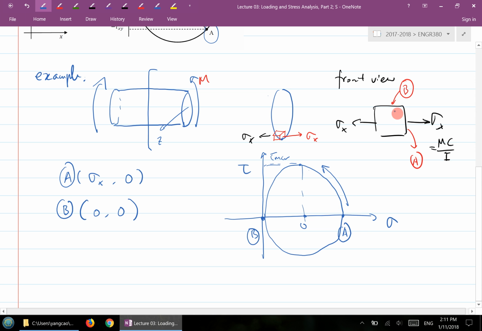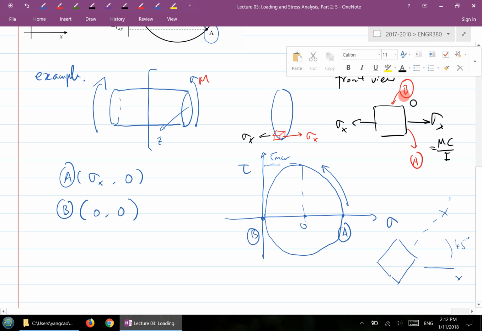This is counterclockwise, so you will rotate this way by 45 degrees. This is your original x, and now you're at a slightly different coordinate, x prime, 45 degrees here. And at this location, you would have your maximum shear stress.